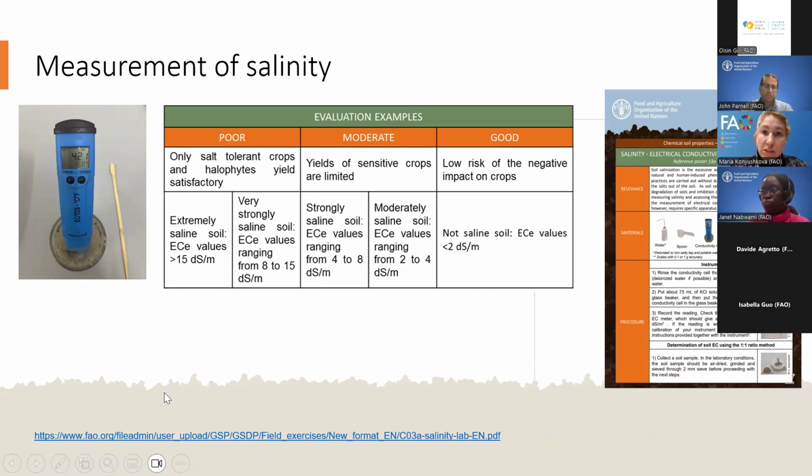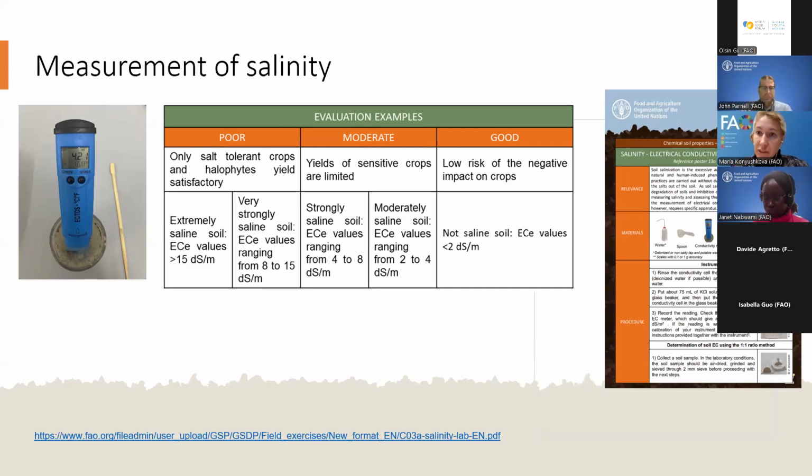And here you can see the thresholds for different salinity levels. Here the thresholds are given for the soil paste extract, but for your 1-to-1 solution, the threshold should be 1 decisiemens per meter. When you have a salinity level less than 1 decisiemens per meter in a 1-to-1 water to soil solution, then you can say that your soil is not saline.